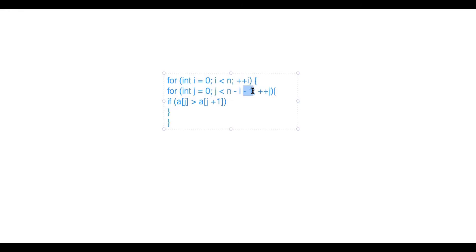Because we are also comparing to j plus 1. If we don't take this, then our last element will be garbage, right? If it's like this, we will do int temp equal to a of j, a of j equal to a of j plus 1. You got now why I took n minus i minus 1 and not n minus i?